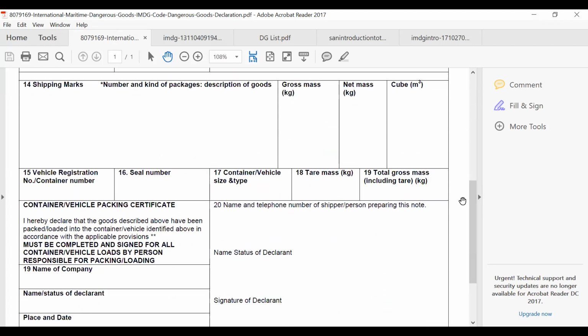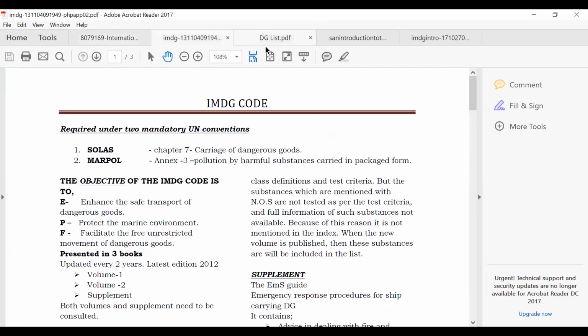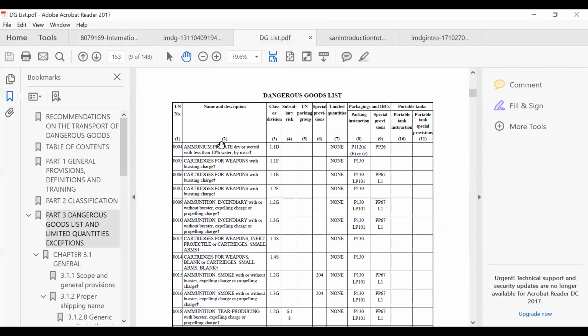The most important part of a DG good is the UN number, like I said last week, and another thing called the PSN, which is the proper shipping name. We dealt with the understanding of the UN number and the proper shipping name of any goods given to us last week as well. So let's start again from where I stopped last week.